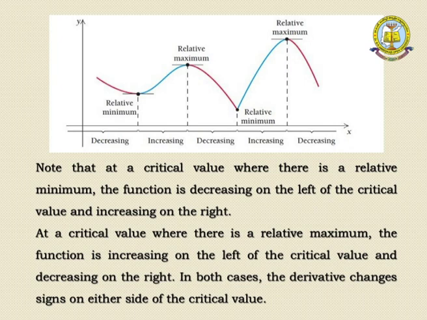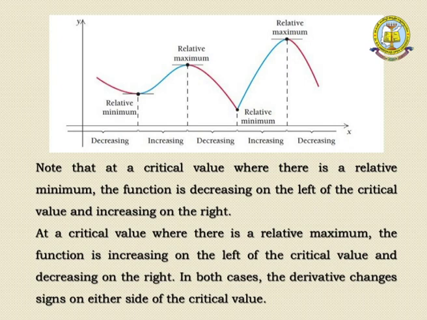Look at this one. This figure will give you a clear idea of when the function will have a relative maximum and a relative minimum. At a critical value where there is a relative minimum, the function is decreasing on the left of the value and increasing on the right.